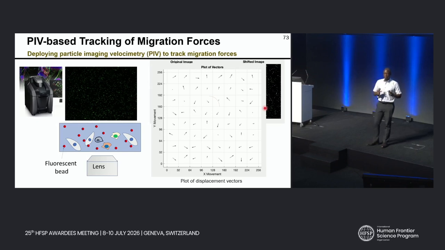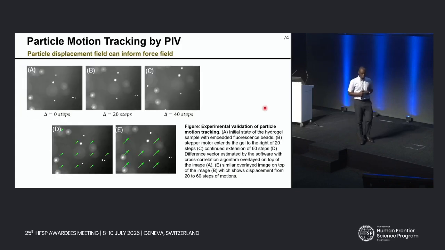From this displacement vector, we are able to quantify the force vector based on the stiffness that we already measured using the device. So we went on to do the actual work, and we could get the vectors.